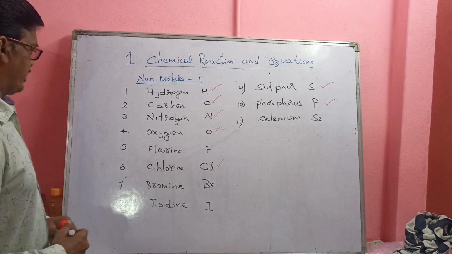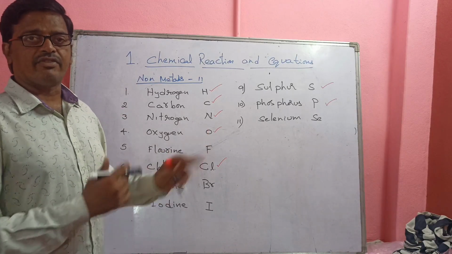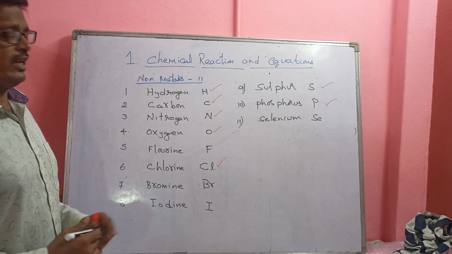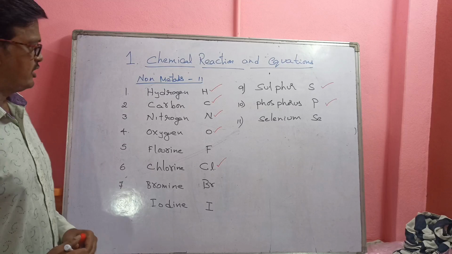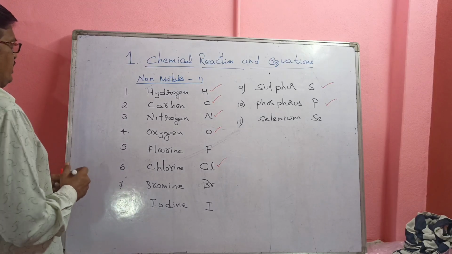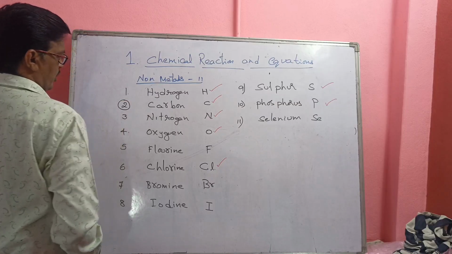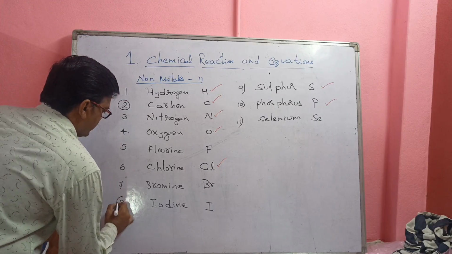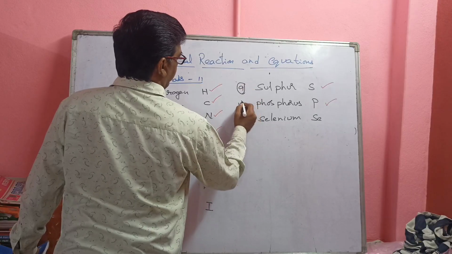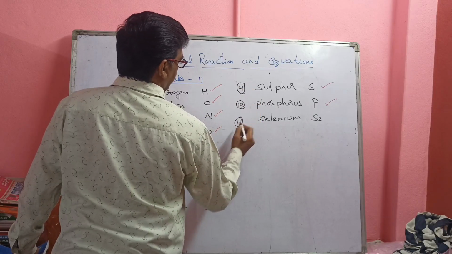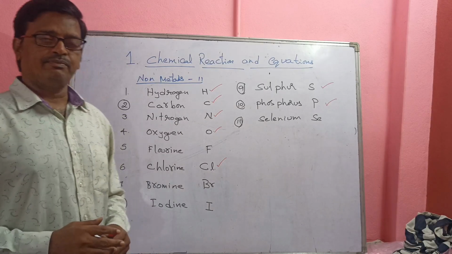Now, what are the physical states of these non-metals? Solids, liquids, and gases. I will circle the solids. Carbon is a solid. Iodine is a solid non-metal, and then sulfur, phosphorus, selenium. These 5 elements are solids at room temperature.